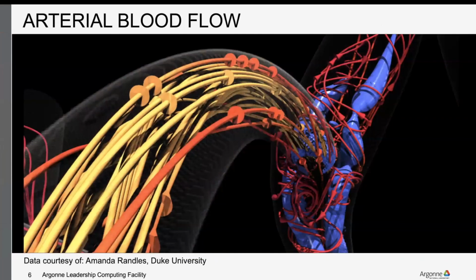So this is an example of blood flow. This comes from one of our Aurora early science projects. This is Amanda Randall's team, looking at, in particular, how metastasis happens, where cancer cells move through the bloodstream.